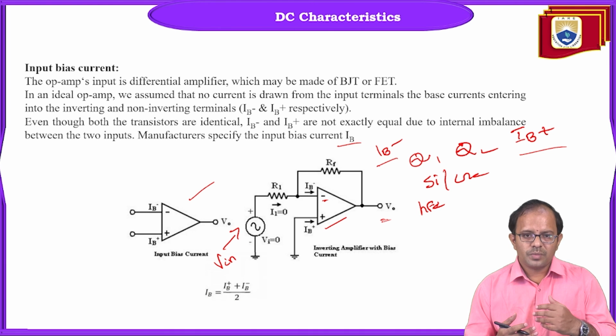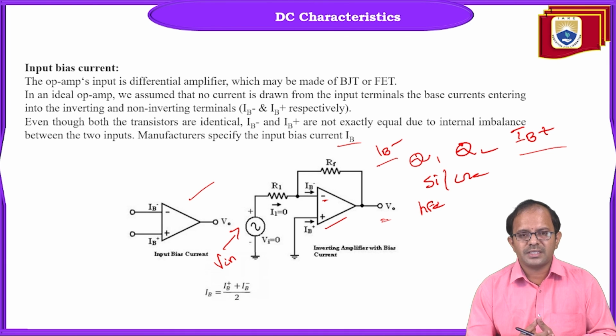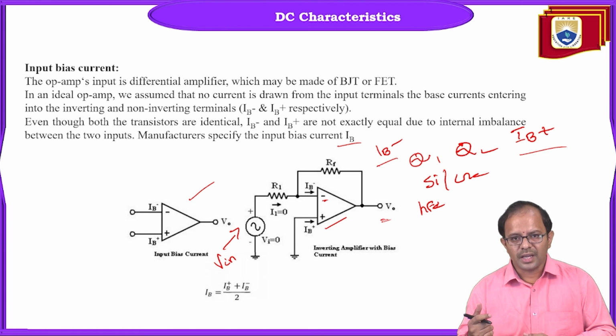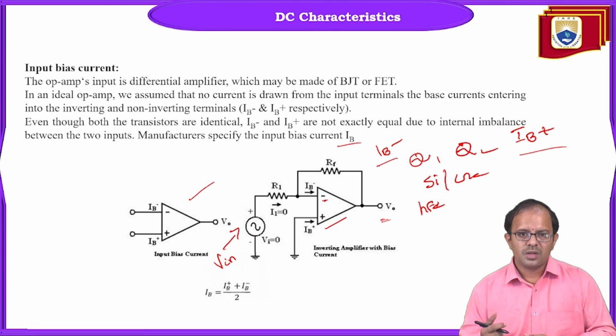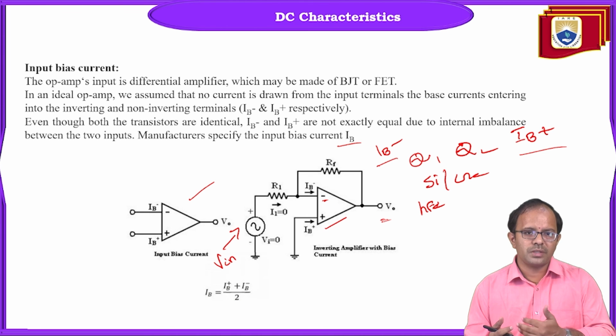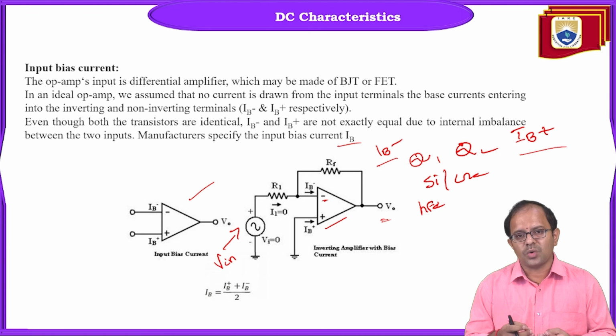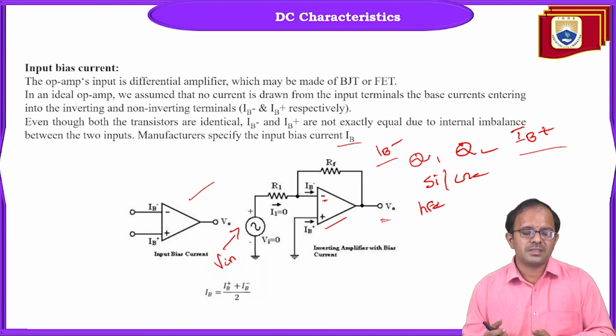If any input terminal is connected to some source, there will be a virtual source available at the other end, that is, another source also across the non-inverting terminal. Suppose we apply input to the inverting terminal, there will be some virtual source available across the non-inverting terminal also.